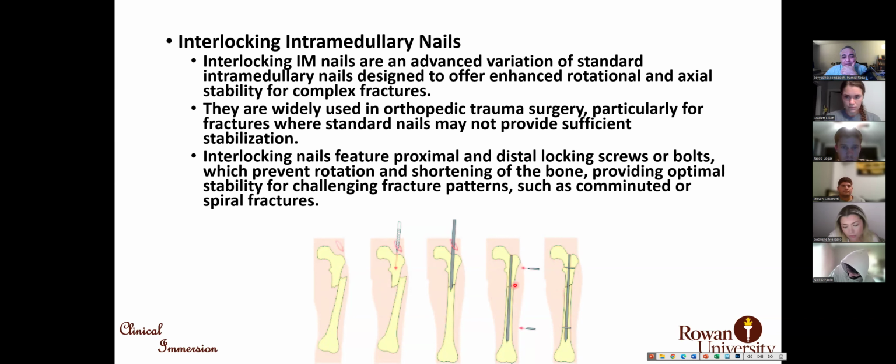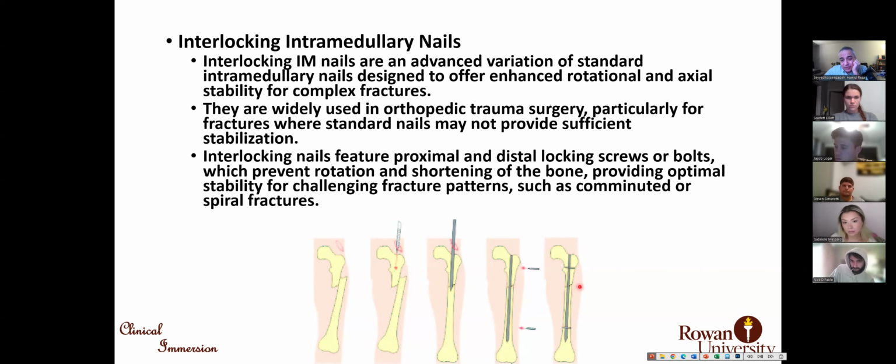Sometimes, if the fracture is very oblique or it is a spiral, and if you leave the fracture, it will twist around each other, and there will be shortening in the fracture site.